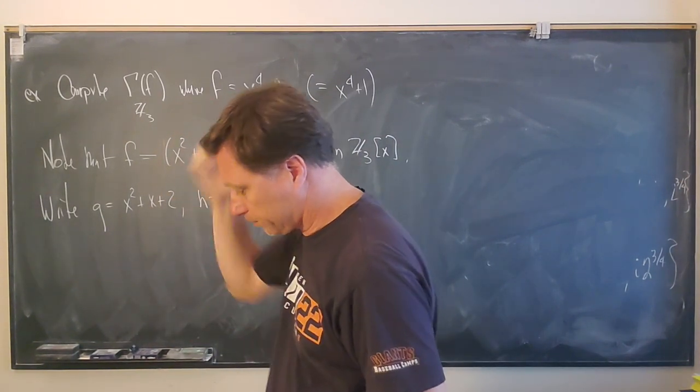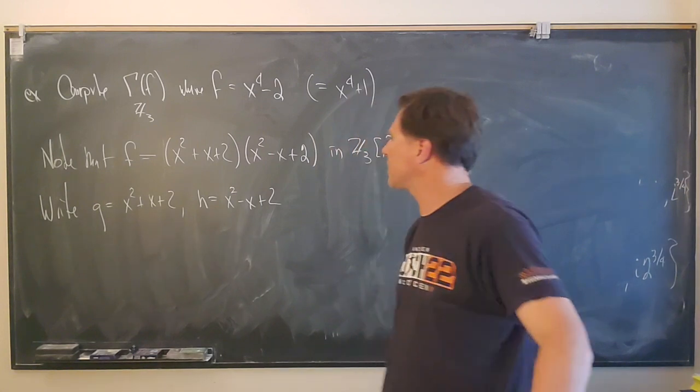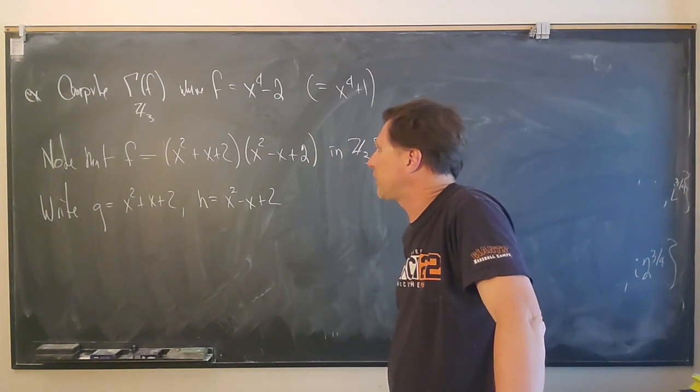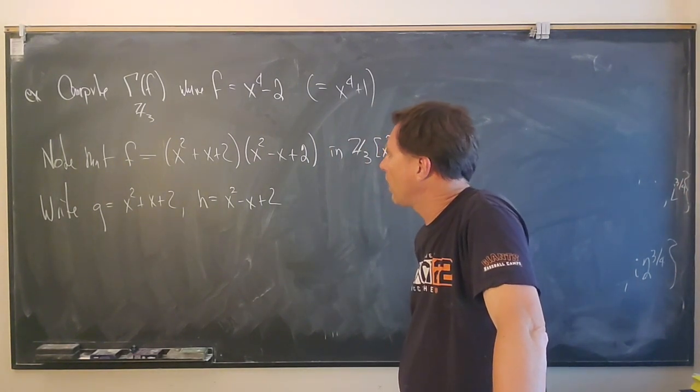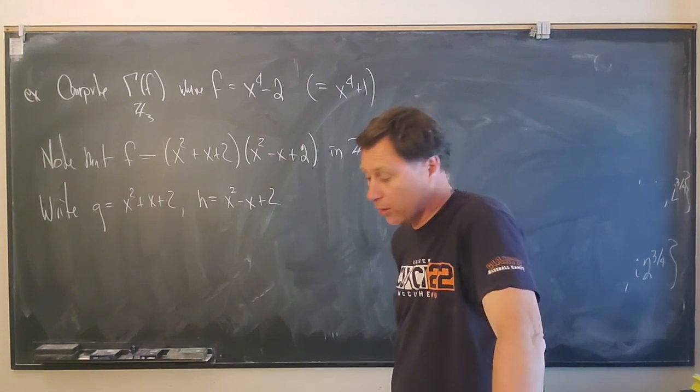Now, what I'm trying to do, I need to figure out who the splitting field is. And so I'm going to do that by applying Kronecker.